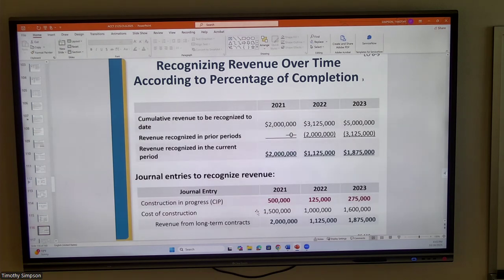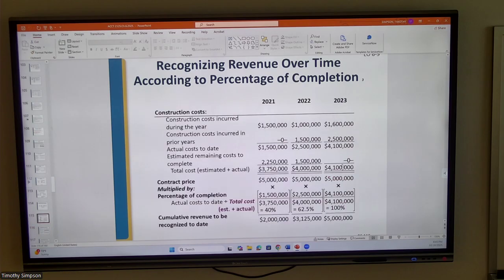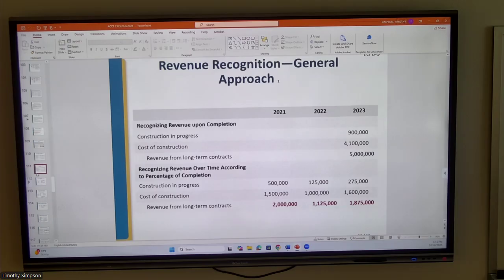And so we have 1.125 million, and then the final amount, 1.875 million, which is this minus this. So when we talk about the difference between year 1 and year 2, it's this minus this. Between year 3 and year 2, it's this minus this. And so as a result, we get these dollar figures here. And by the way, they're also expressed here as well.